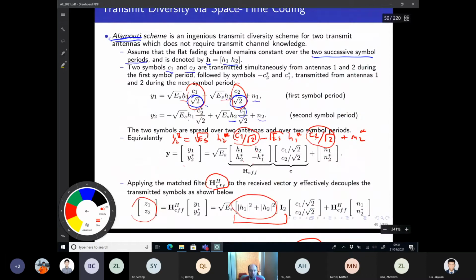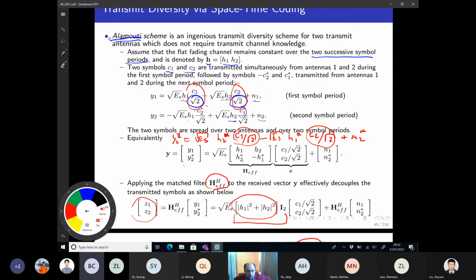So what that means is that those 2 schemes, the transmit beamforming, or transmit maximum ratio transmission, and the Alamouti, will have the same slope in terms of error rate versus SNR. They have the same slope, but there will be a gap of 3 dB between them because the output SNR of the transmit beamforming is actually 3 dB higher than that of the Alamouti scheme.